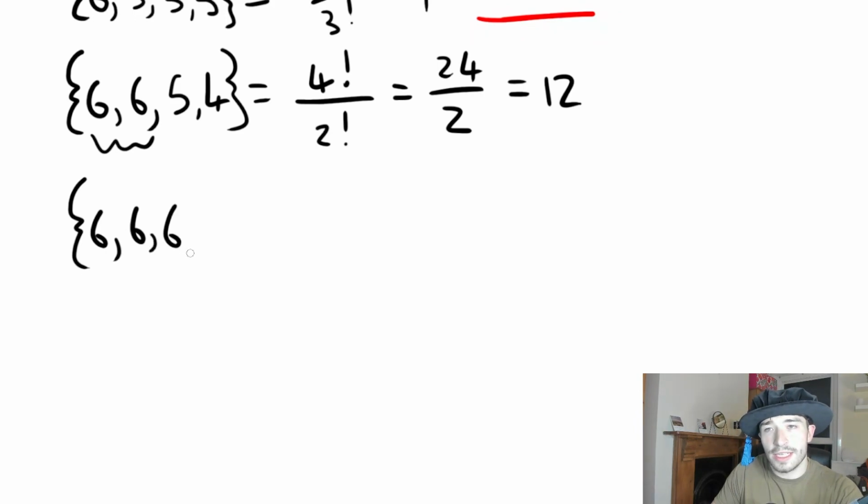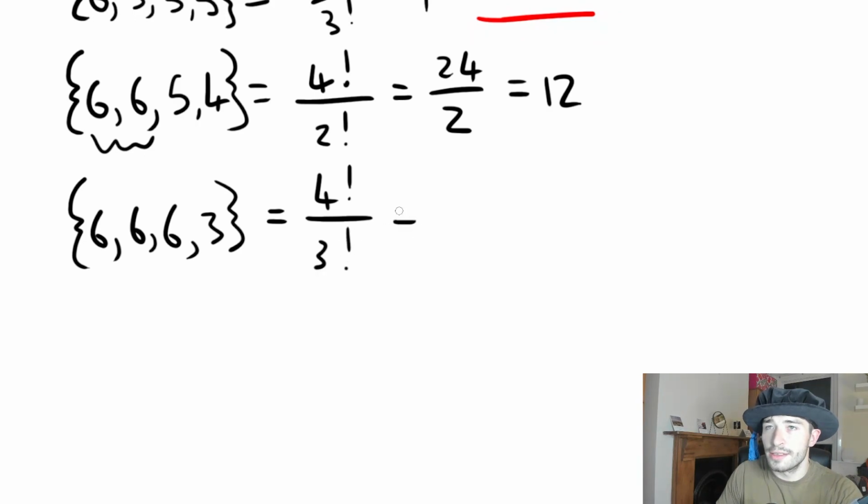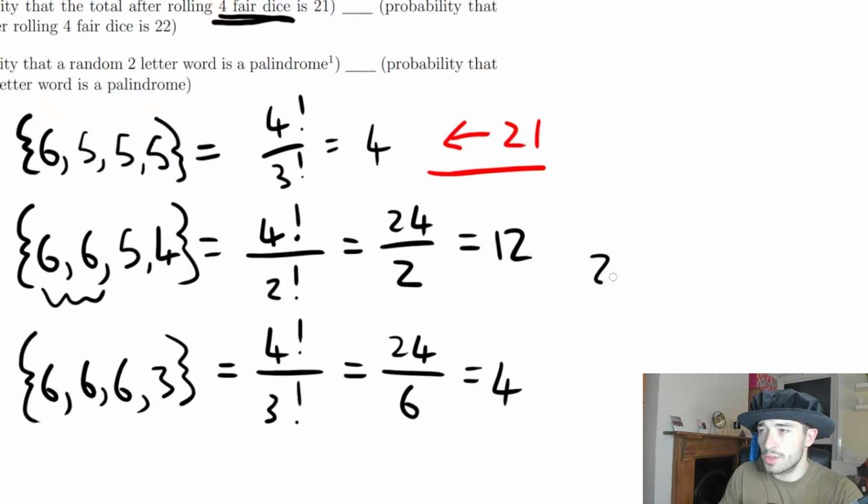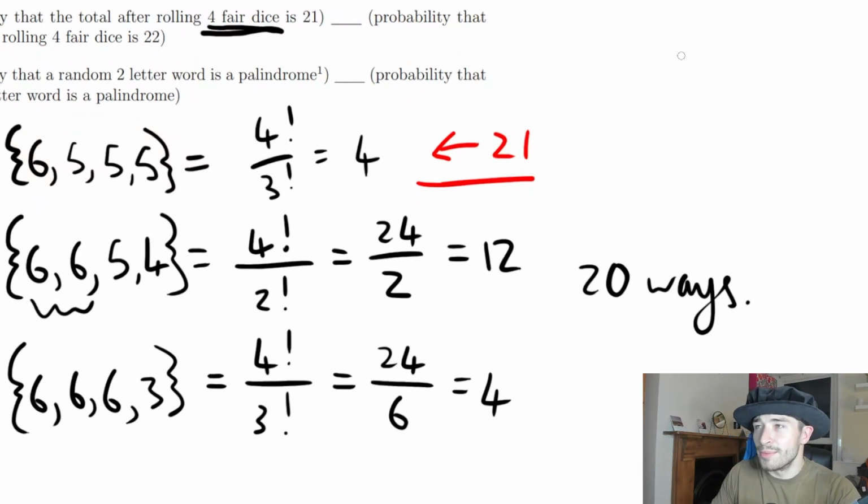I'm going to have another 6 and a 3. Okay. So 4 factorial over 3 factorial again, and then this is equal to 24 over 6 equals 4. So in the end, we end up with 20 ways.